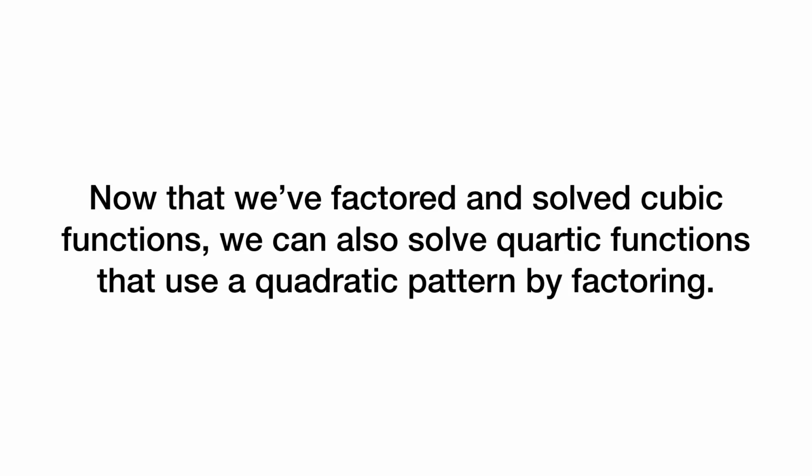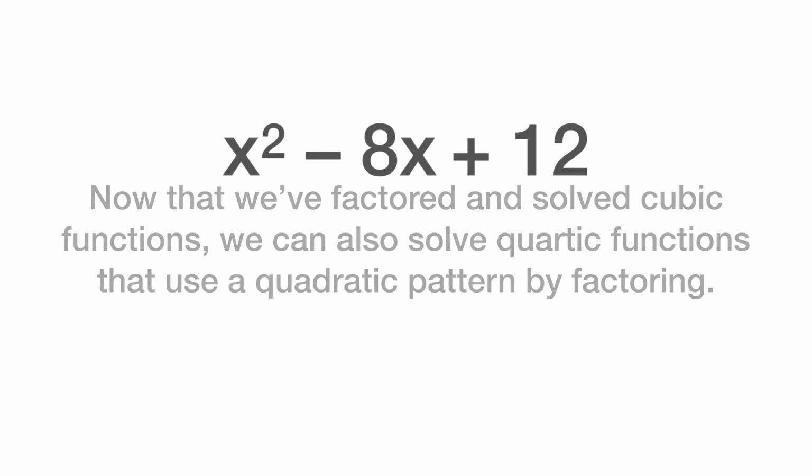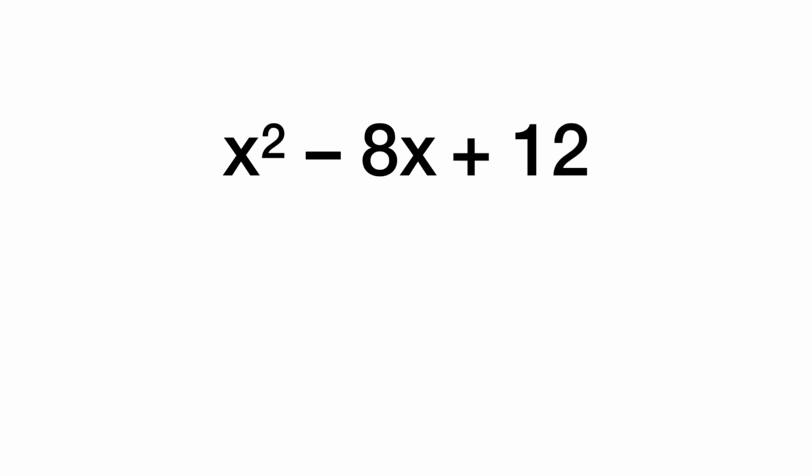Okay, so now that we've factored and solved cubic functions, we also can solve quartic functions. Quick reminder about what quartic means. It means our highest term is going to be x to the 4th instead of x cubed, that use the quadratic pattern by factoring. So let's look at what the quadratic pattern looks like to remind ourselves. In this case, this is the quadratic pattern: x squared, then x, then 12.